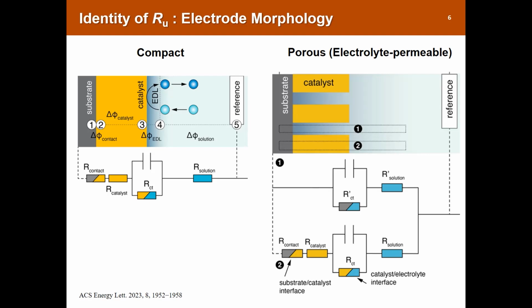So in other words, with the compact catalyst layer compared to the porous one, you are able to do your IR compensation less ambiguously.